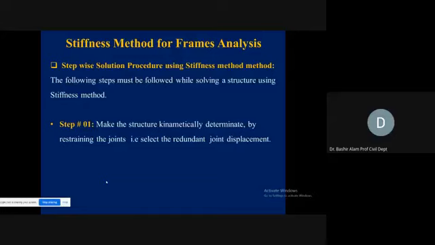We make this stiffness coefficient matrix by applying the unknown joint displacements turn by turn. We allow rotation at that particular point, and we restrain, or do not allow, the displacement at other locations. So when we apply it at location 1, the first column of the stiffness matrix is generated. When we apply this displacement at point 2, the second column, and so on.